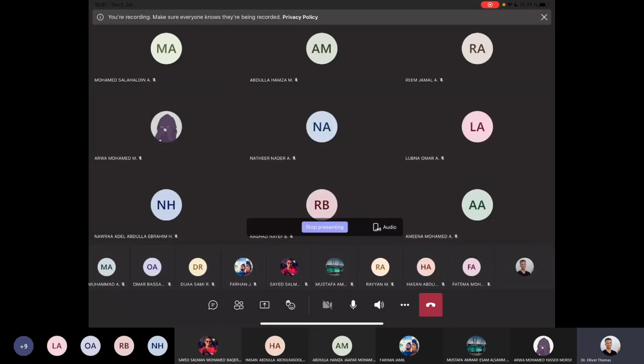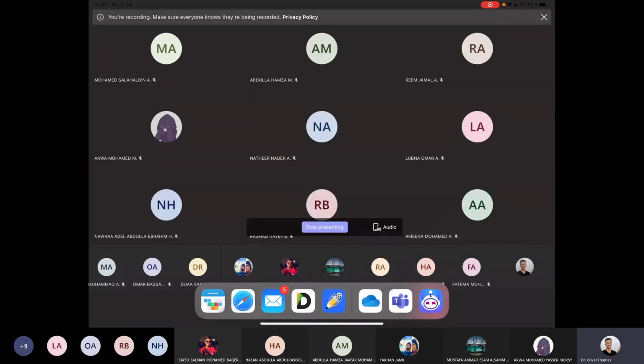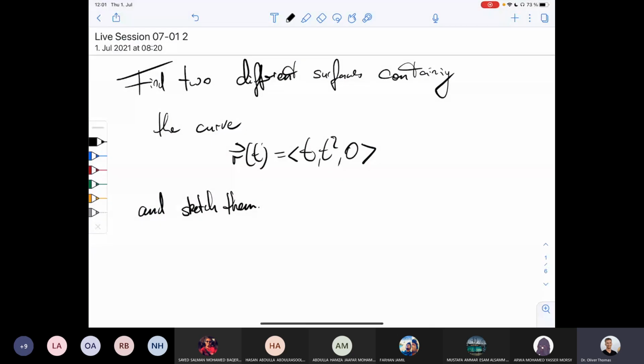Okay, so for today's session, I thought we'd look at the following task. What we're looking at is a curve, and we're starting with a very, very simple example. The curve r(t), which is (t, t squared, 0).